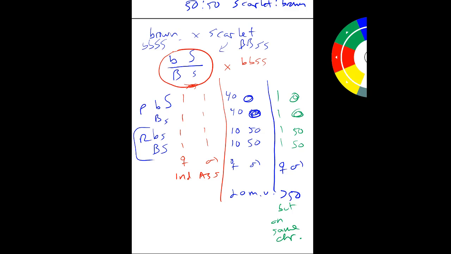The main difference here is we're comparing this. It's the same cross, but if we use here, there's independent assortment, so crossing over has nothing to do with it, and we get 1 to 1 to 1 to 1.